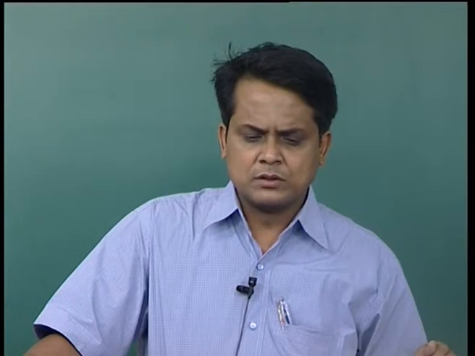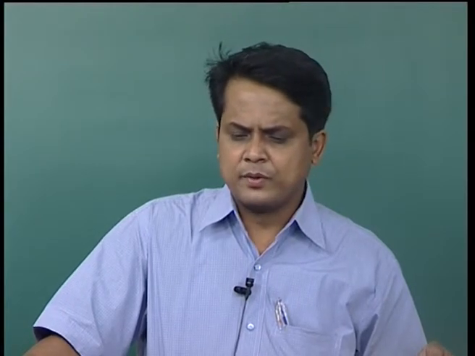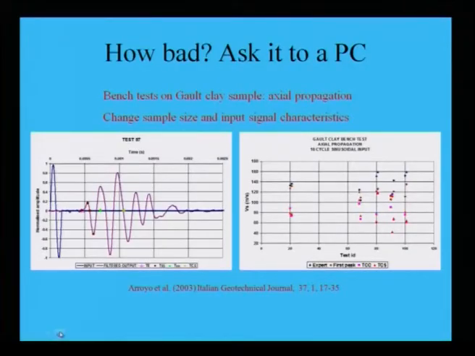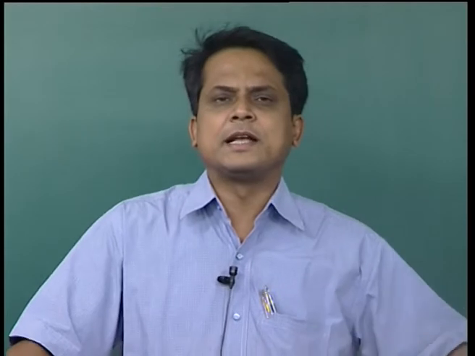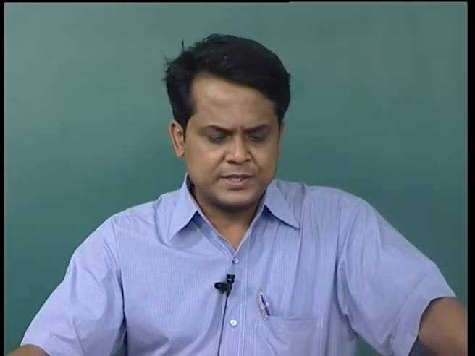Bench test on Gault clay sample, axial propagation, changing sample size and input signal characteristics. That means the moment you change the sample size, the input signal characteristics are completely changed.